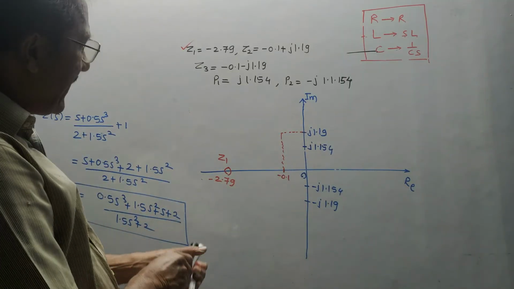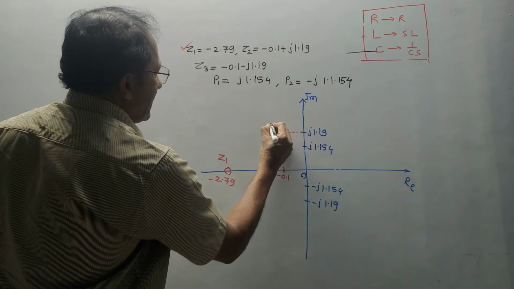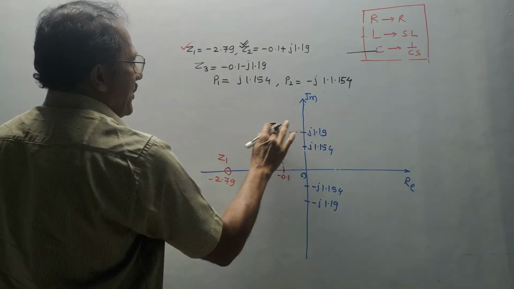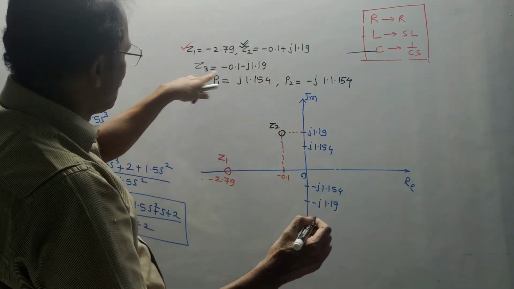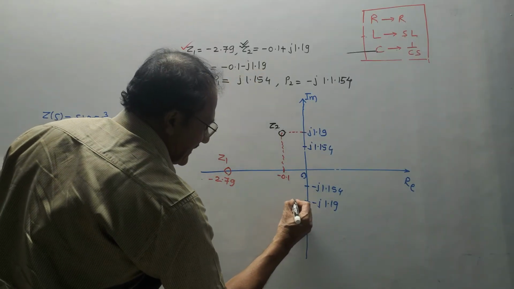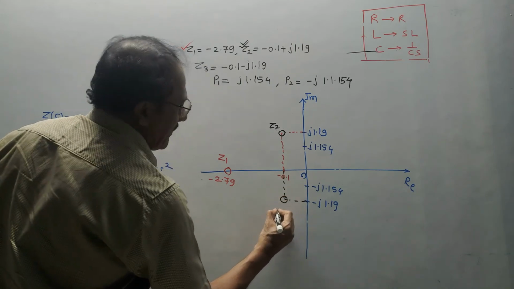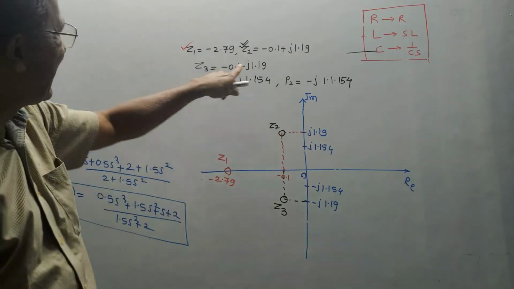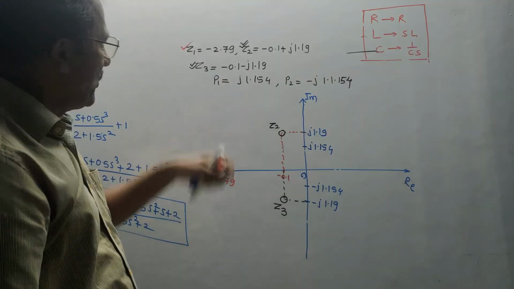Whatever point you are getting, that is the second zero, that is Z2. Third zero, minus 0.1, same value, minus J 1.19. That means again take the intersection of these 2 points. Whatever point of intersection is there, it is the third zero, Z3, whose value is minus 0.1 minus J 1.19.